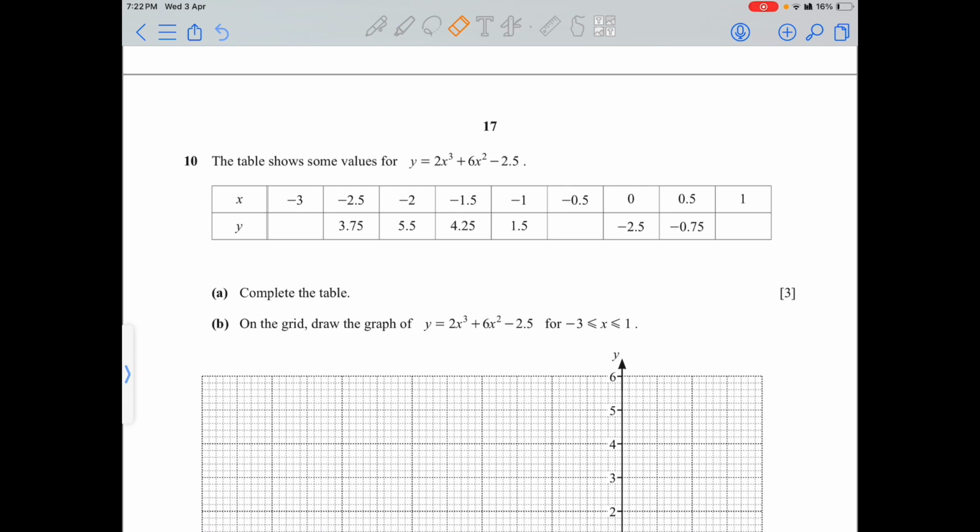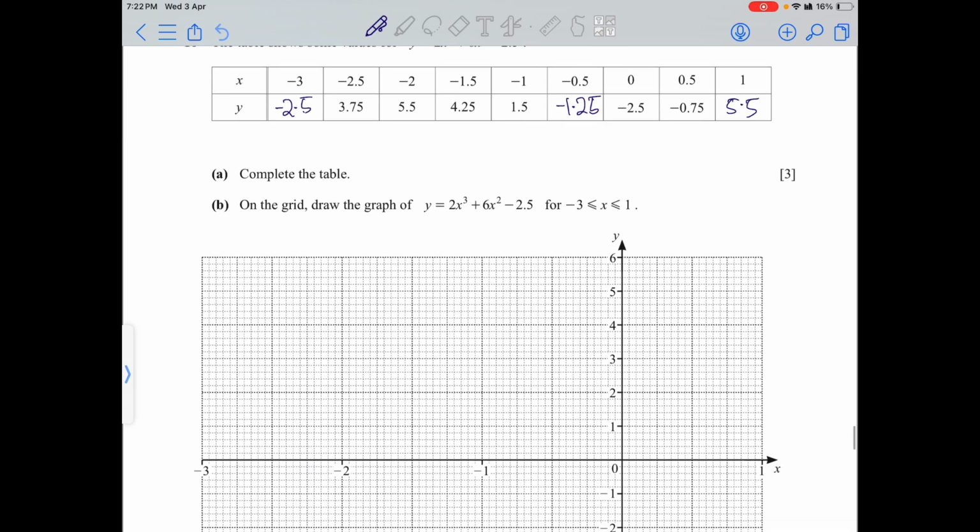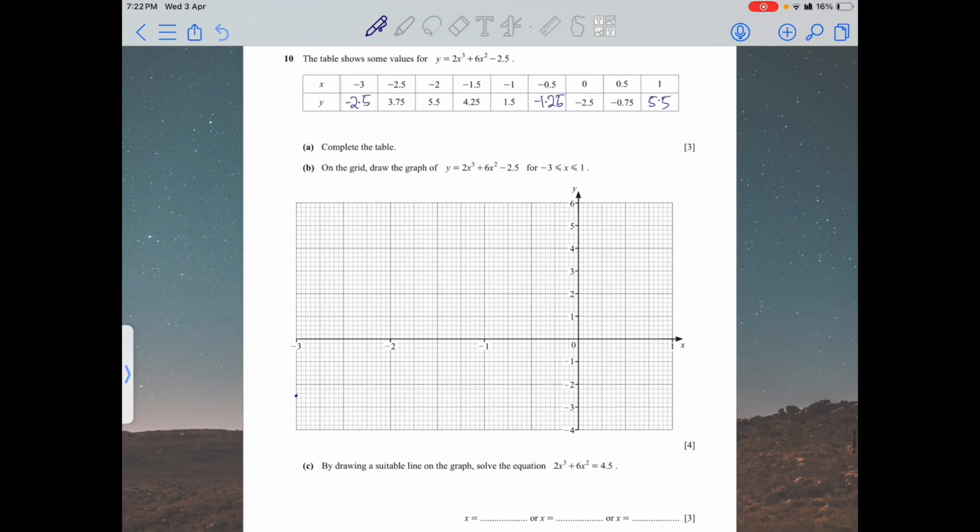So -3 would be -2.5. Then the next one is -0.5, which is, hold on, -1.25, and then the last one, which is 1, is 5.5. Then we have to plot these points on this graph, and then make a graph of that.